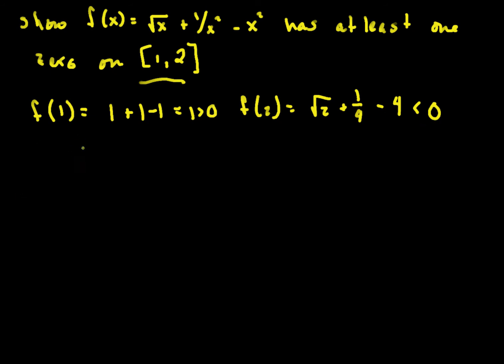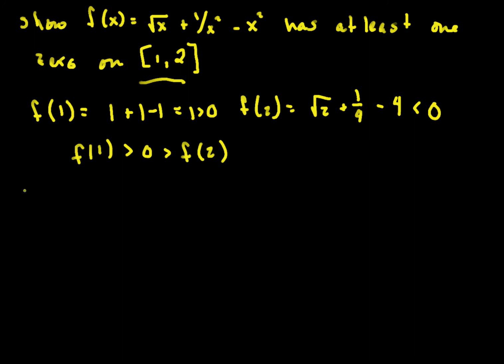So we have that f of 1 is bigger than 0, bigger than f of 2. And so 0 is a number in between the endpoints. It's in between f of 1 and f of 2, and f is continuous.